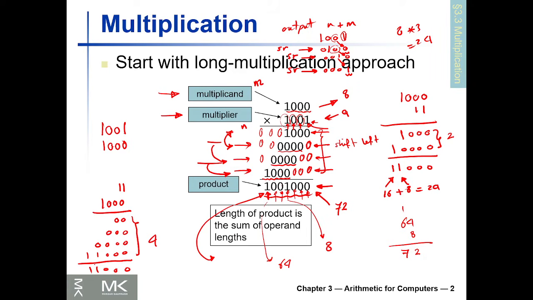But we will not do the addition if the value is 0, so this addition will not happen, and again this addition will not happen. We only add the first and the last, because these are the non-zero values, because the least significant bit and the most significant bit were ones.